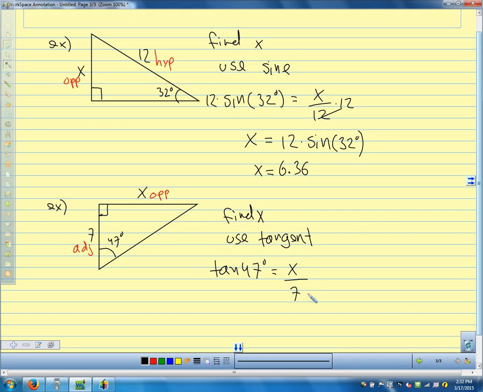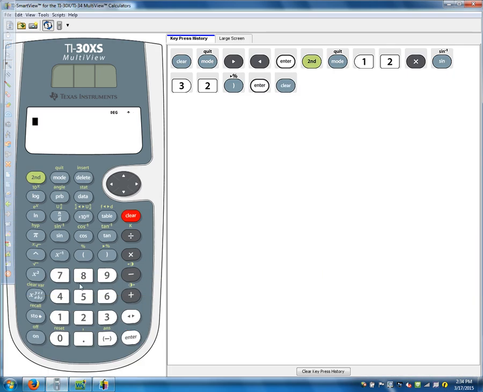We're just going to use a different button on our calculator. So how do we get x by itself? Multiply by 7. Those cancel, so I get x equals 7 times the tangent of 47 degrees. Go to my calculator, plug that in just like that. 7 tangent 47, and it tells me about 7.51 is how long that side would be.